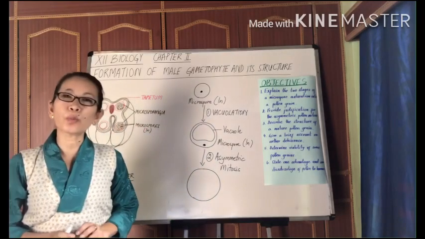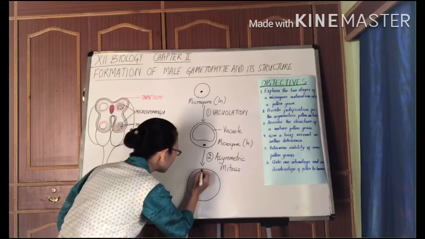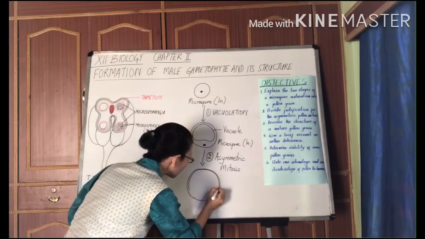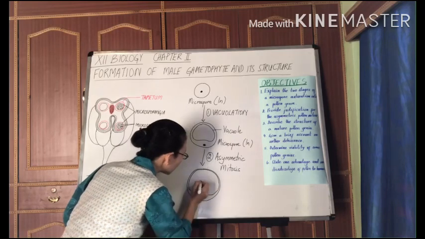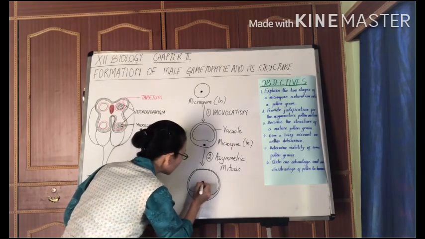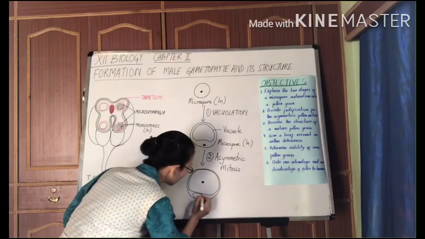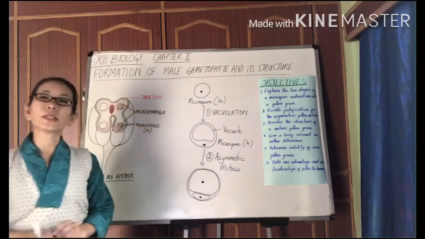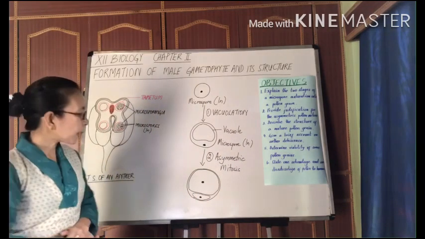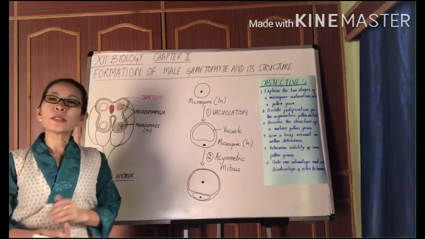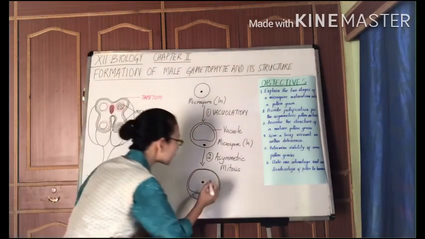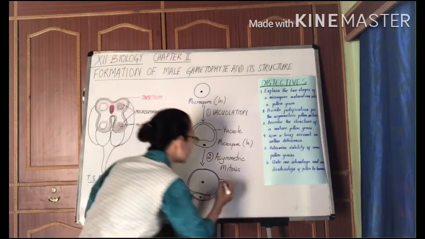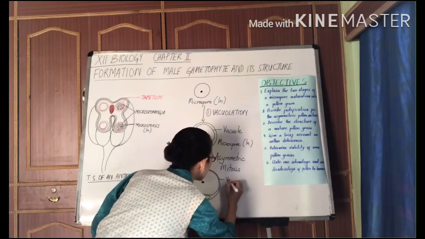Inside the microspore, we see two daughter cells of different sizes. You can see a large daughter cell, and this larger daughter cell is known as the vegetative cell.